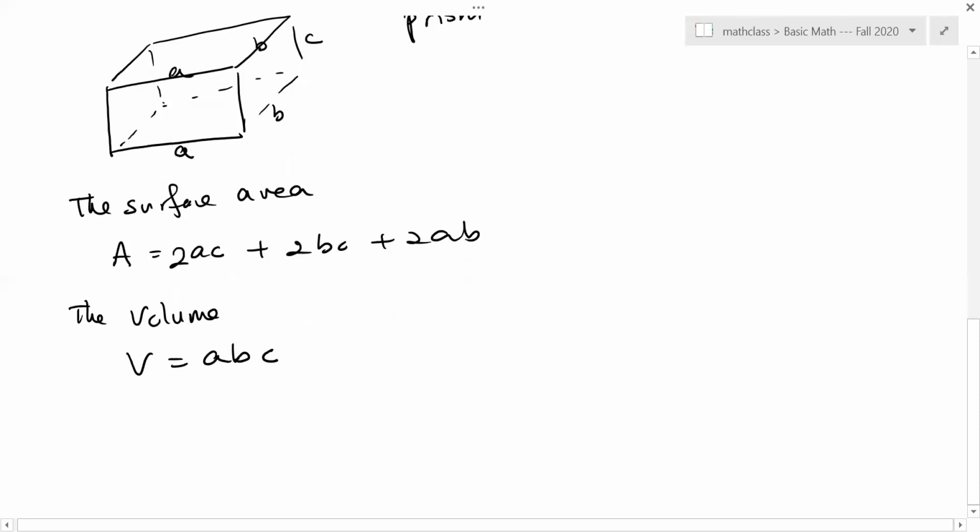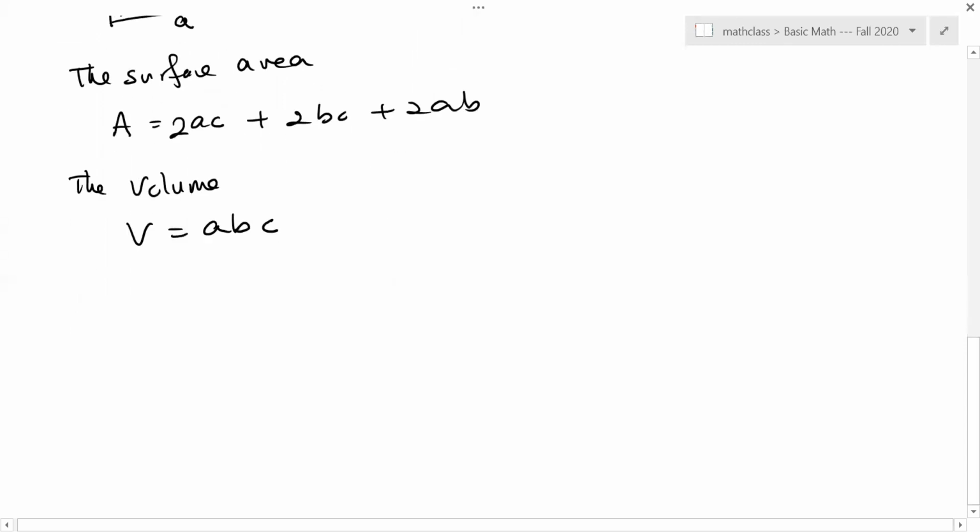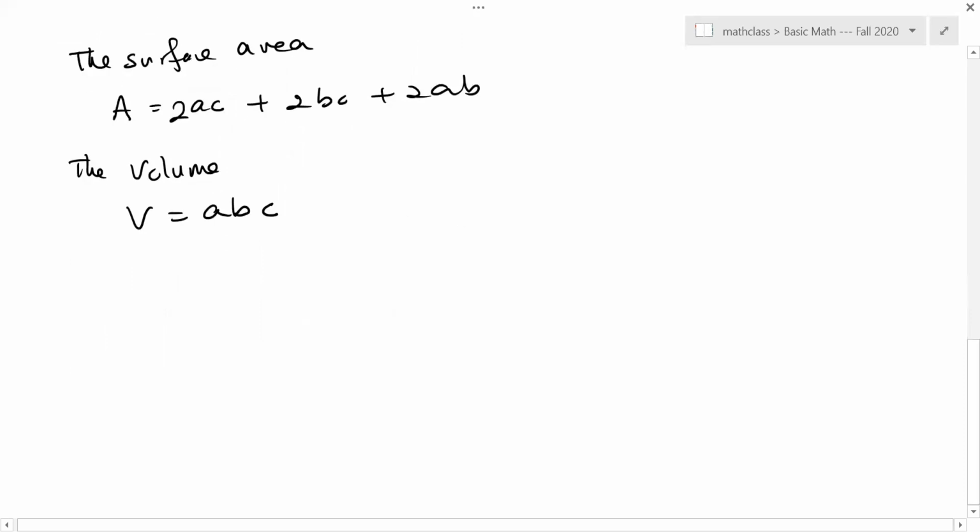This is the volume formula, and it indeed tells you how many unit cubes there are. For example, a special case is a cube.